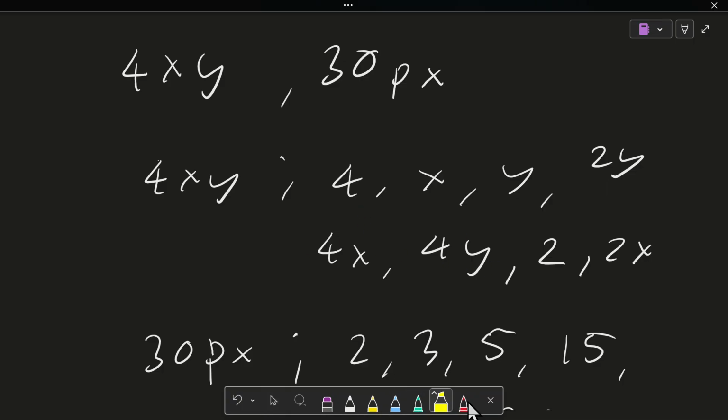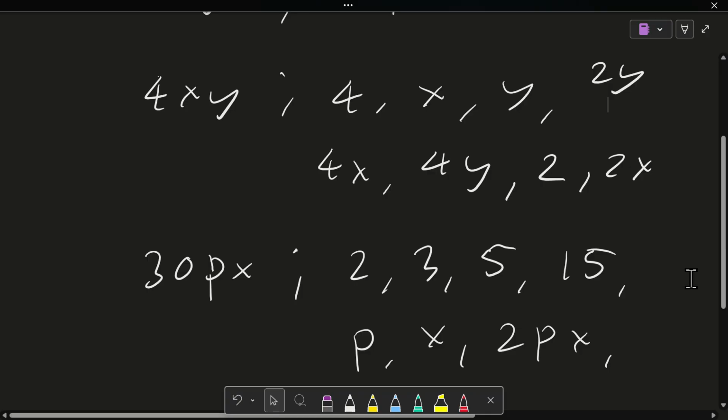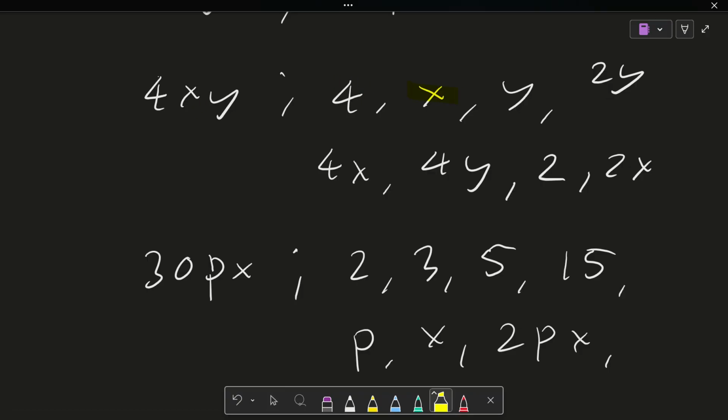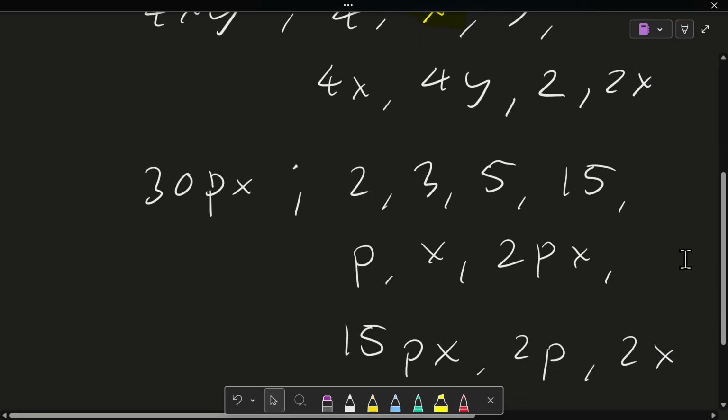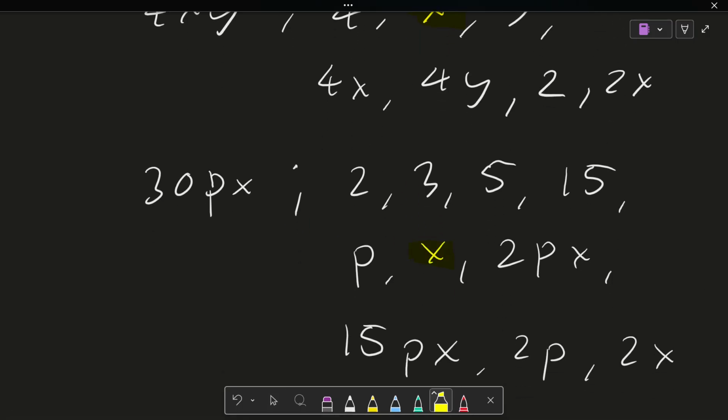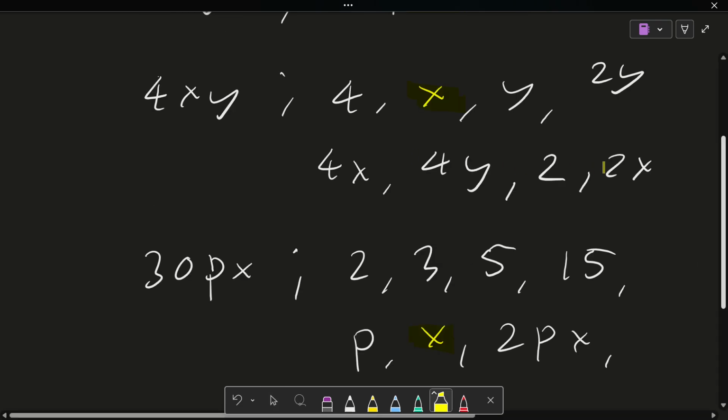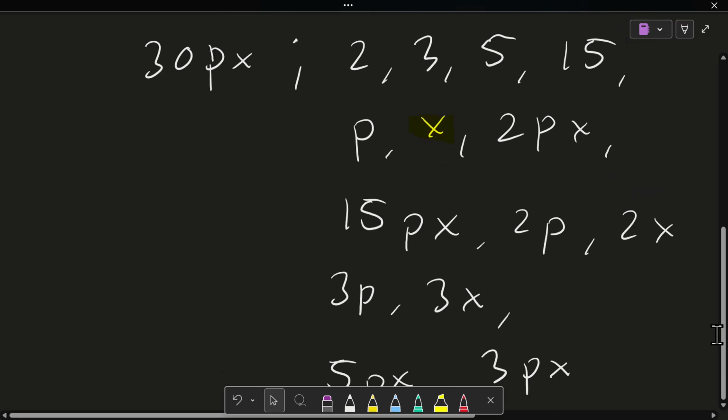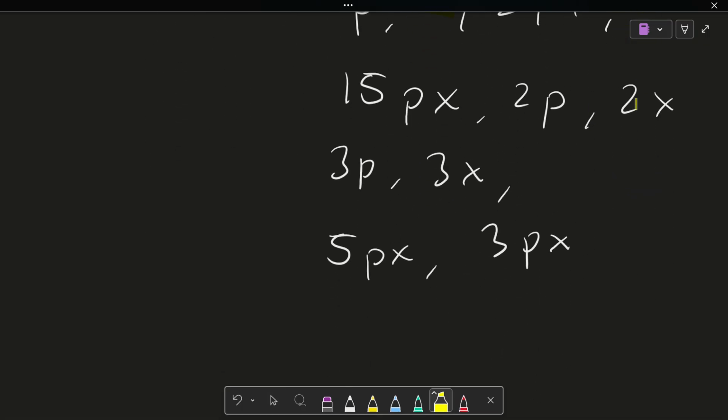In this case the common factors would be x, and here also x, and then you have 2x, which is here 2x as well.